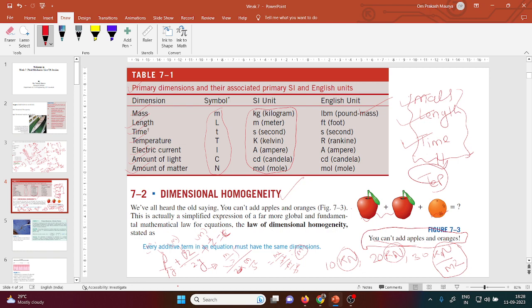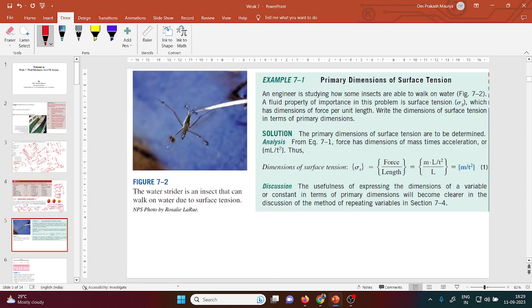This is the meaning of homogeneity. For adding or subtracting anything, you need to maintain dimensional homogeneity. These are the concepts and examples. If you want to take a screenshot you can, just for your understanding of how it is calculated.